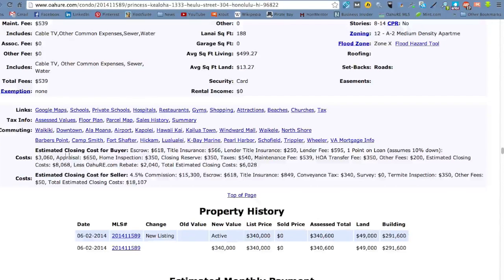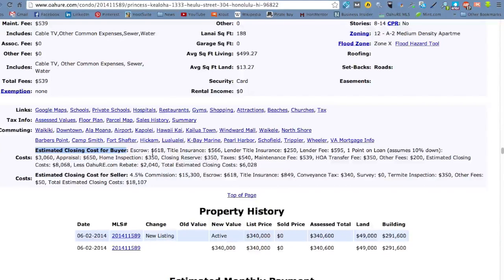So you see where it says estimated closing costs for buyer right here? What I'm going to look for are the escrow costs and title insurance, and I'm going to pull out and extrapolate right from this a similarly priced unit that just sold, the same price as mine. These are the closing costs. I'm going to use these as my closing costs, and they're going to be very accurate.